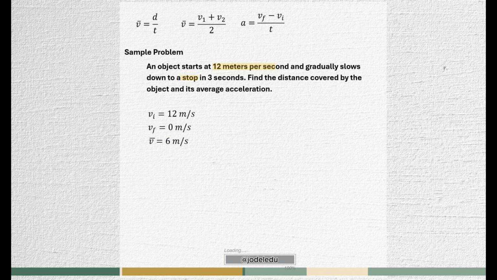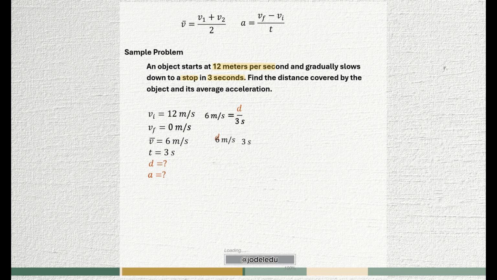Next, let's complete our list of known values by including the time, which is 3 seconds. We also need to list the required quantities, distance and acceleration. When the problem is organized this way, the solution often becomes more apparent. Understanding these symbols in kinematics, along with some basic math, can make problem solving much easier. From the given information, you can quickly calculate the distance since you know the average speed and time.